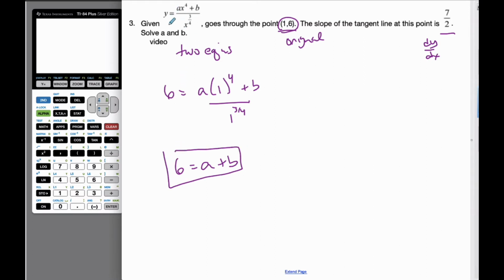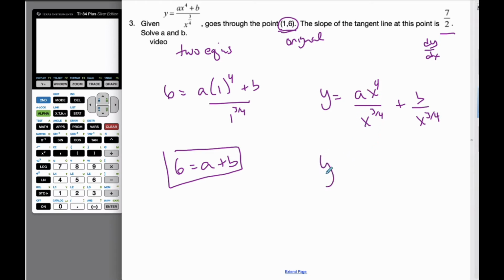The second equation, I have to find the derivative. Oy, it's pretty messy. In order to find the derivative, I'm going to have to combine these terms. This is the same as saying ax to the 4th over x to the 3/4 plus b over x to the 3/4.